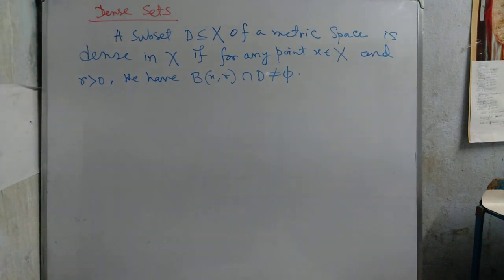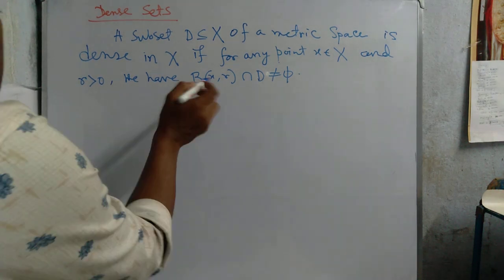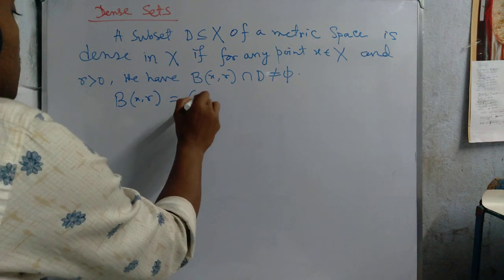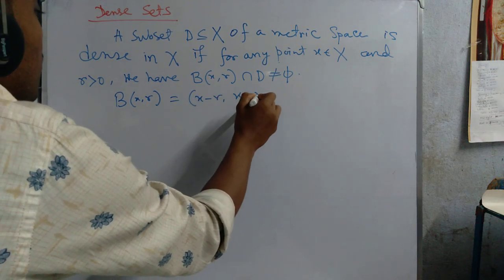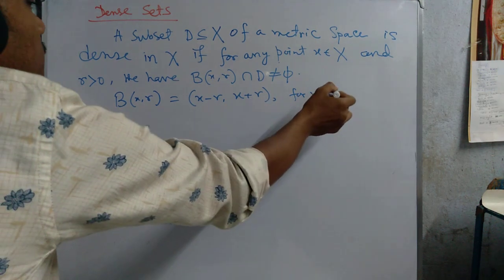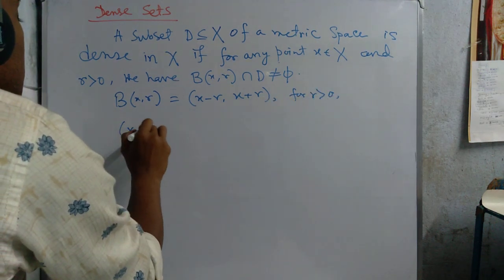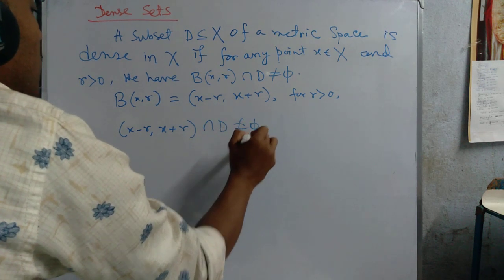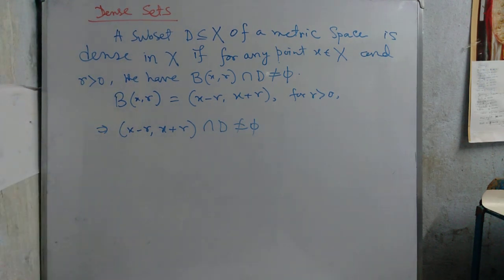That means any ball containing this point intersects D. B(x, r) is what we know about it: (x minus r, x plus r) for r greater than 0. Then B(x, r) intersection D is not equal to phi.